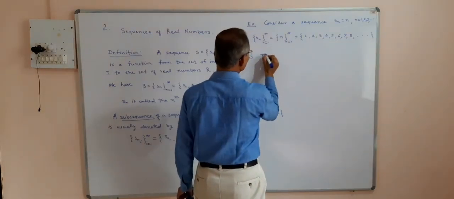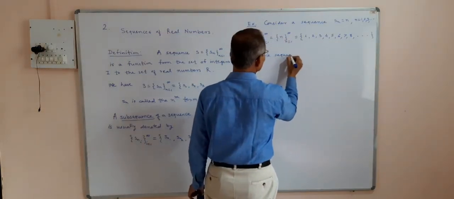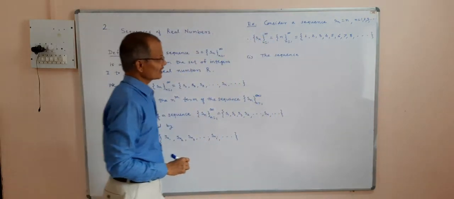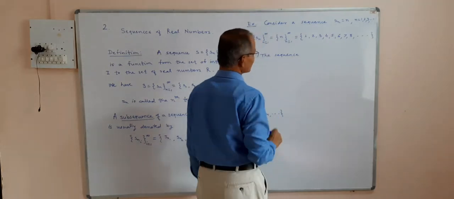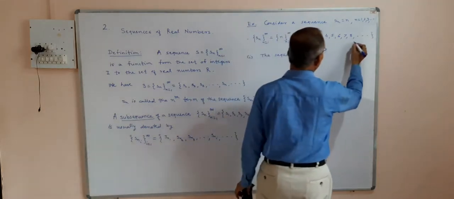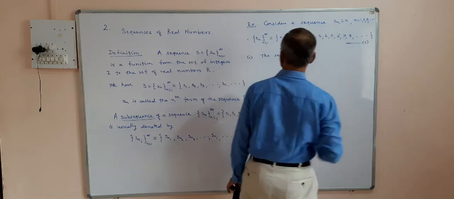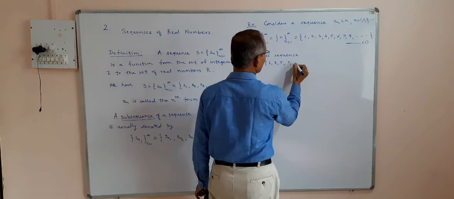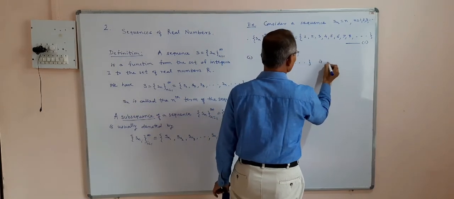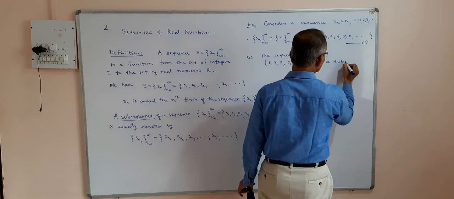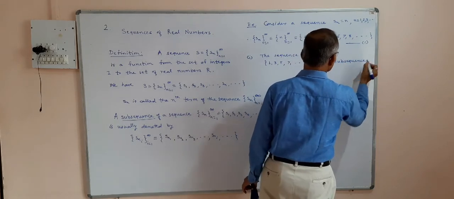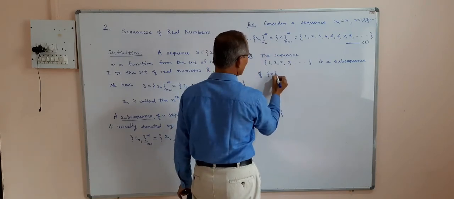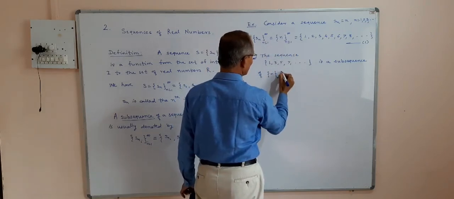We can consider the odd integers, and that will be a subsequence of this Sn. The sequence 1, 3, 5, 7, etc. is a subsequence of this Sn, where n takes values from 1 to infinity.